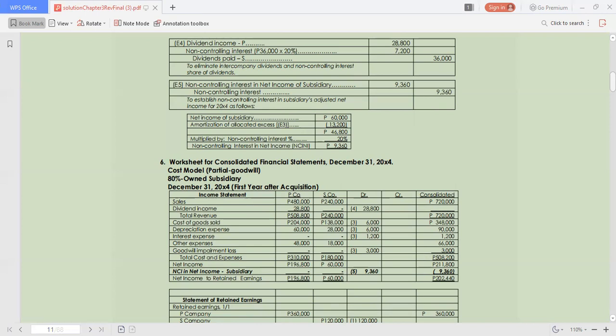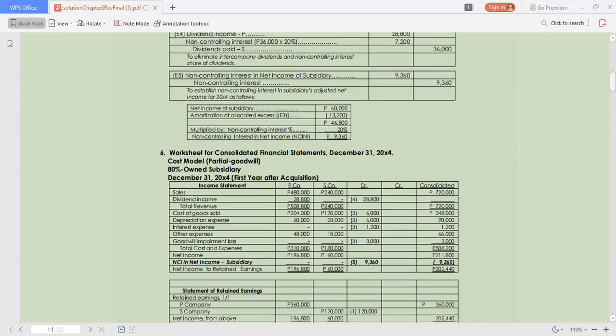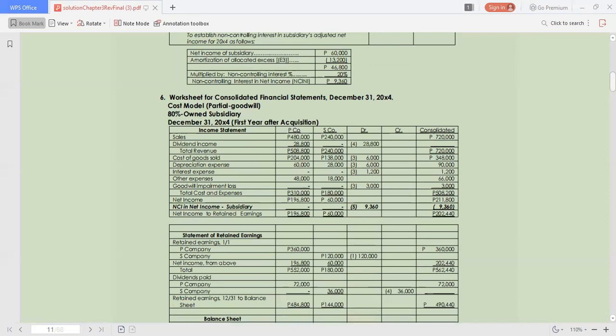So we have now the net income to be closed to retained earnings of 202,440. That's the amount that we close to the retained earnings of the parent. So we have retained earnings beginning of P company of 360,000, then S company of 120,000.